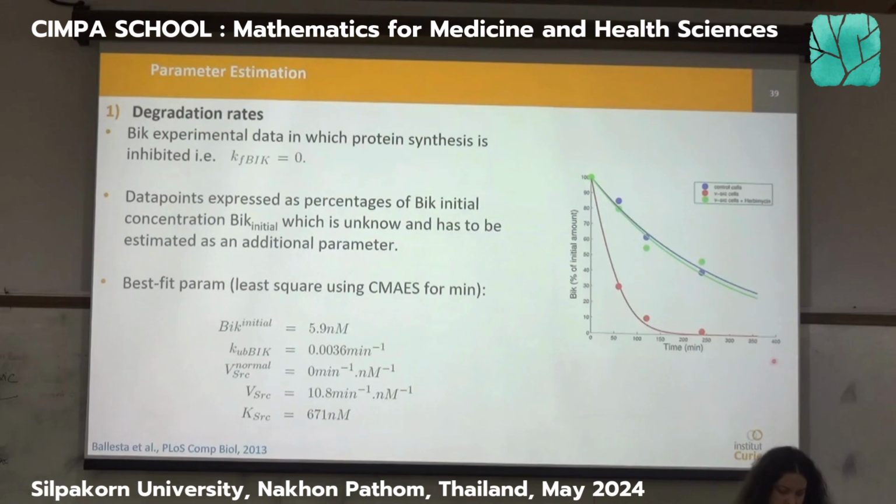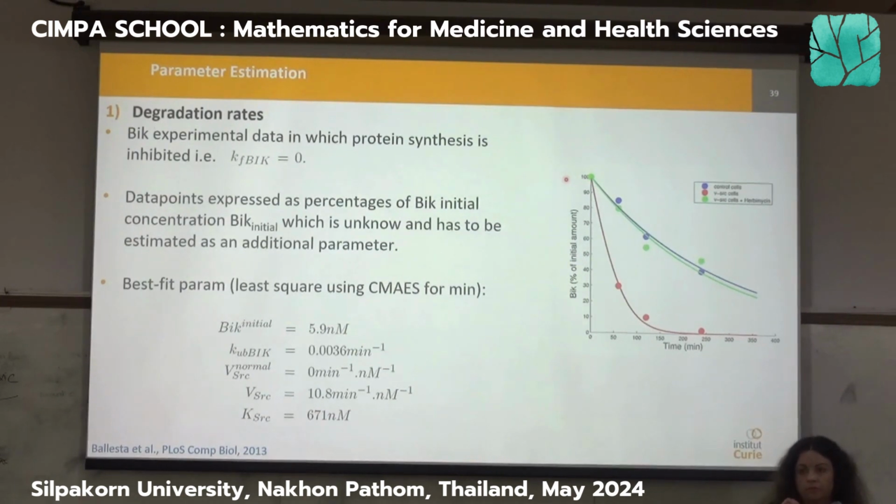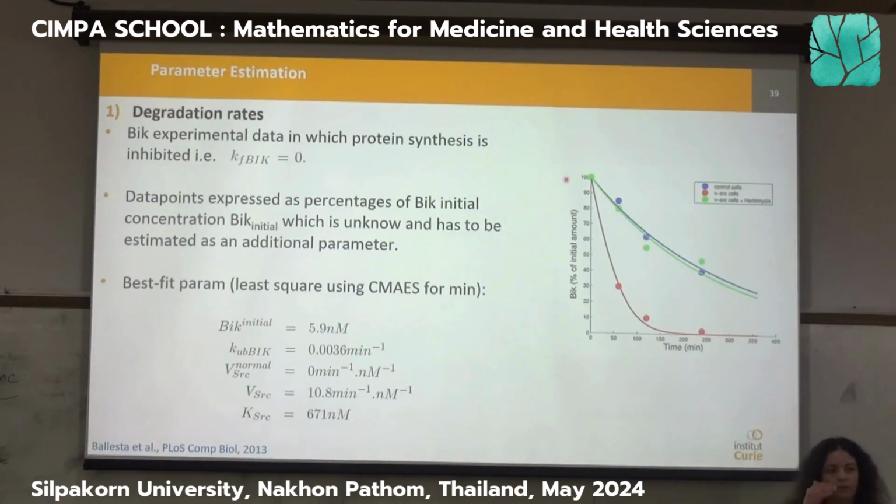The x-axis is time, so I'm looking at something over time. And what do I look at? I look at the quantity of peak in percentage of the initial amount of peak. There is a peak 0, which we don't know actually, which is an additional parameter to estimate, and this is the 100%. Then we look at the rate of degradation of peak over time.